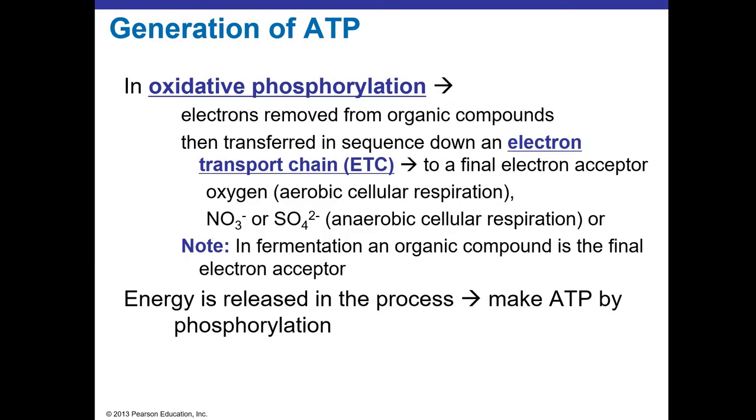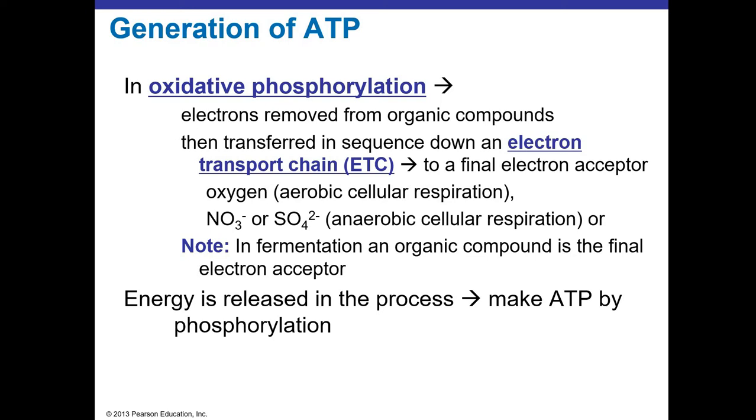Where most of our energy is generated is from oxidative phosphorylation. In oxidative phosphorylation, electrons are removed from organic compounds, and then they're transferred in sequence to the electron transport chain. In that chain, they then pass the electrons to the final electron acceptor, which in aerobic cellular respiration is going to be oxygen. But bacteria, many things can be anaerobic as well, such as Clostridium, our gram-positive rod that we talked about when we looked at endospores.